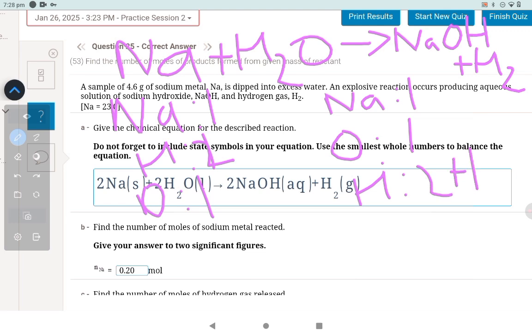We need to balance the hydrogen. We can multiply the water by 2, so H becomes 4 and oxygen becomes 2 on the left. Then we multiply NaOH by 2, so the hydrogen and oxygen are balanced, but sodium isn't balanced, so we also make the coefficient of Na 2. So 2Na plus 2H2O gives us 2NaOH plus H2. That's it.